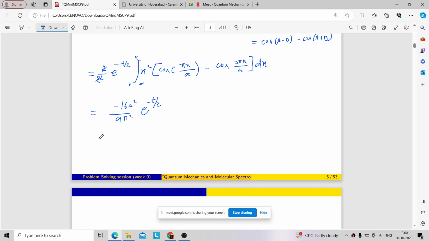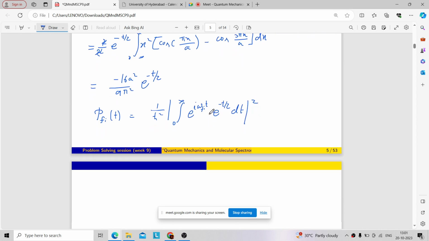Now it's pretty simple. You have to calculate the probability P_fi of t. This will be 1 over ħ squared, then mod of the integration 0 to infinity of e to the power minus i omega_fi t times e to the power minus t over tau dt, mod squared.